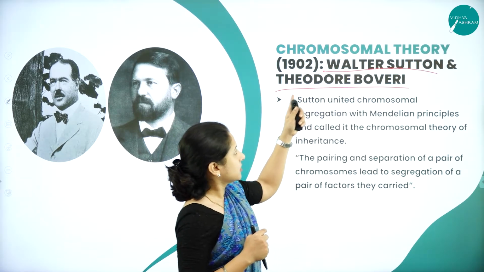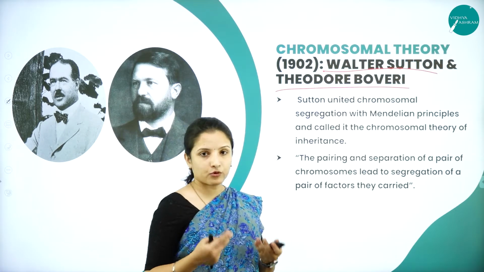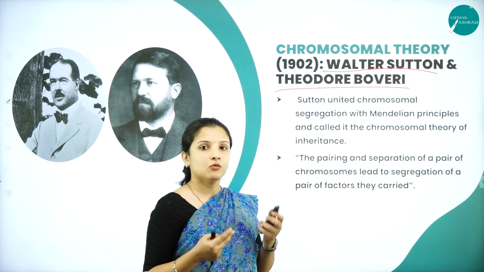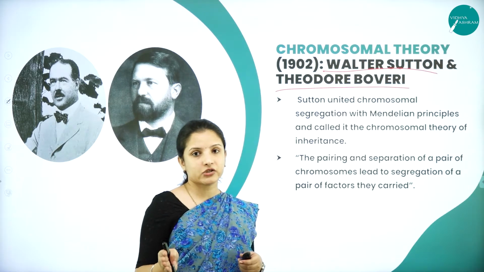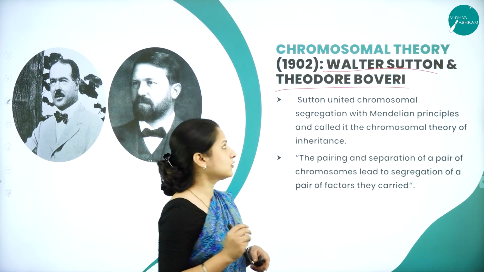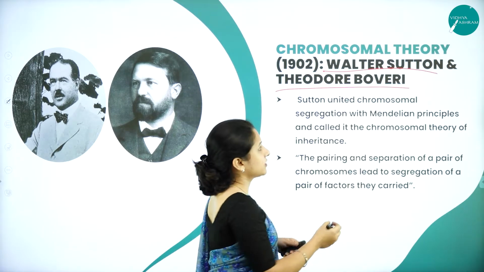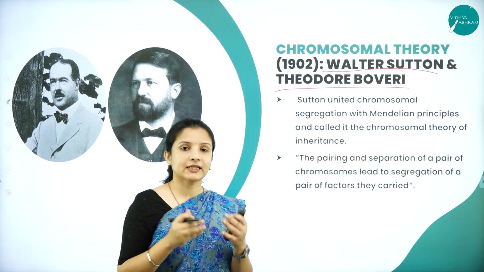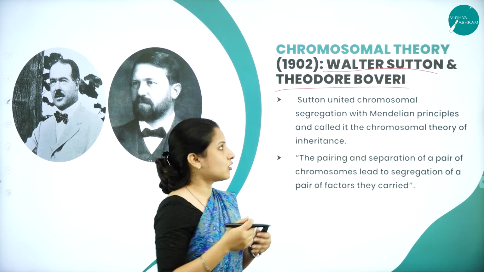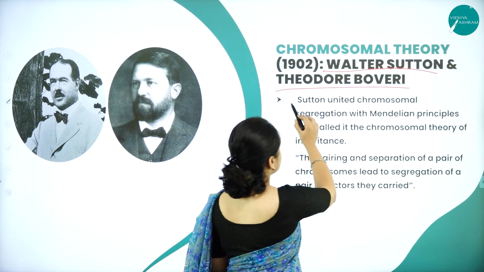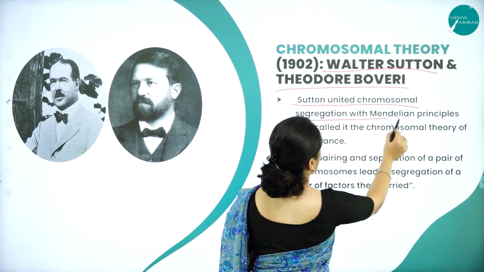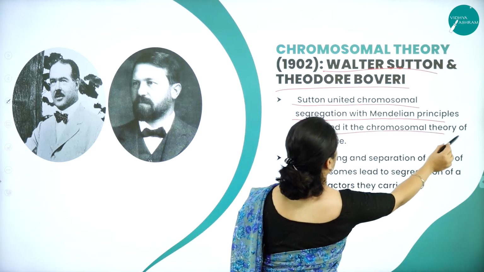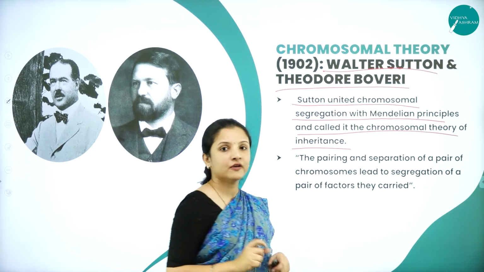In their chromosomal theory, after their experiments on the grasshopper and sea urchin respectively, Walter Sutton and Theodor Boveri found that the chromosomes first unite and later segregate. Sutton united the chromosomal segregation with Mendelian principles and called it the chromosomal theory of inheritance.